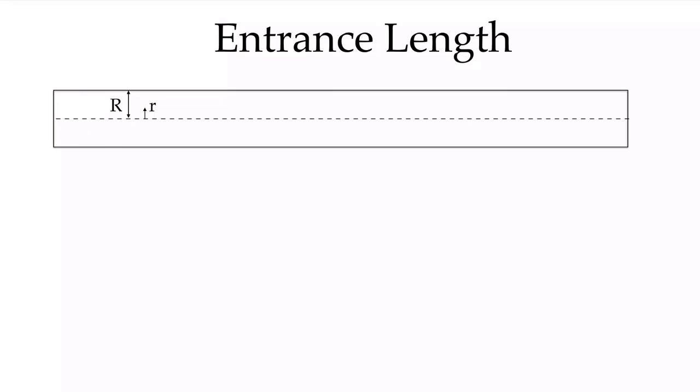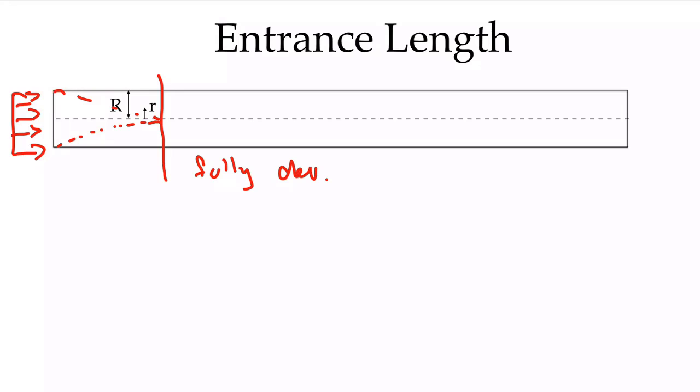One of the first things to notice is the entrance length. If we had a developing flow, of course, maybe we start with a uniform velocity profile out here. And remember, we had our boundary layers that eventually merged, and we got our fully developed region and our developing flow or entrance region. In a laminar flow, we can look at this entrance length.